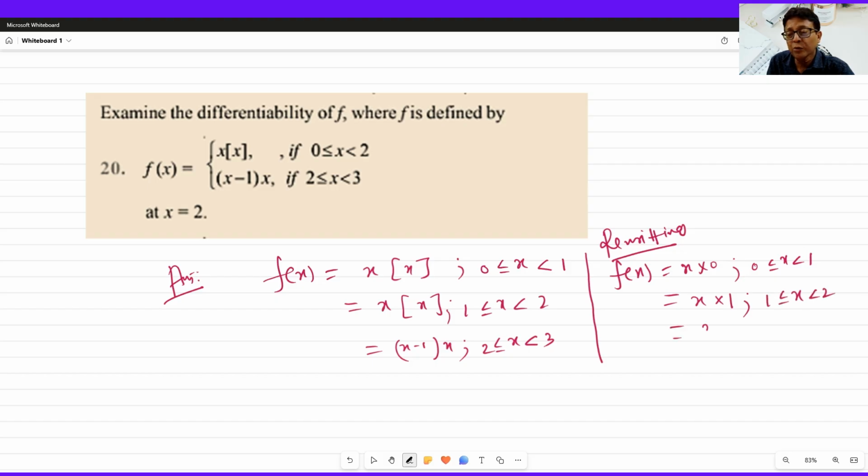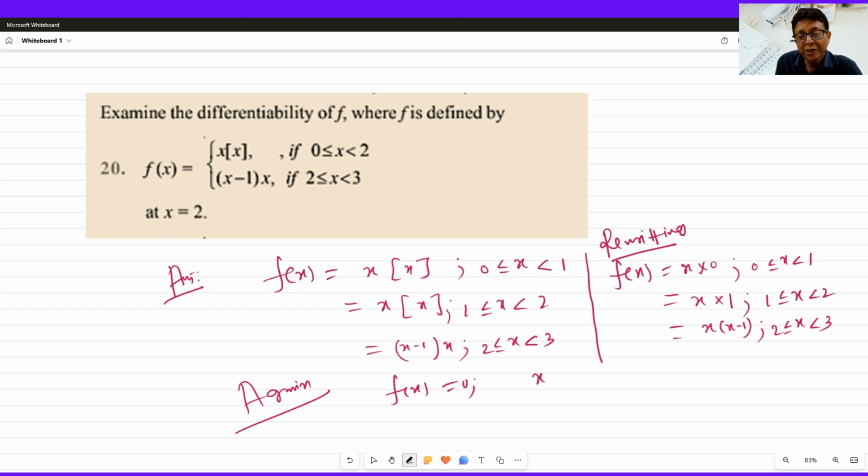In this interval no change. So again we rewrite. Again rewriting the function: f(x) equal to 0 when x is greater than or equal to 0 and less than 1.